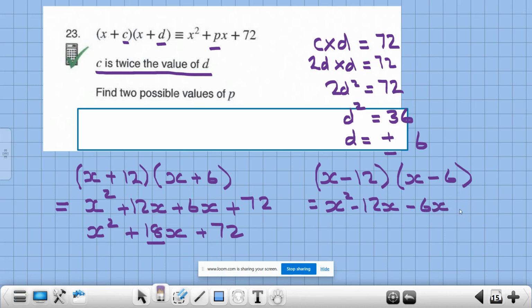Minus 12 times minus 6 is plus 72. Collect those middle terms together, which is going to give us our value for p, and we would have −18x + 72. So the answer is the two possible values of p are plus 18 or minus 18.